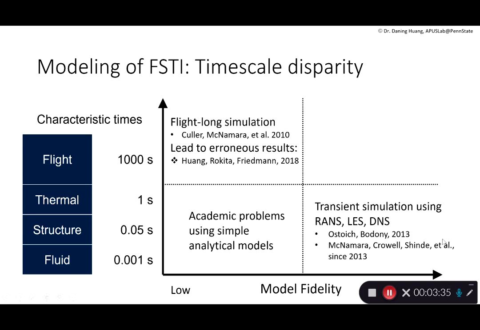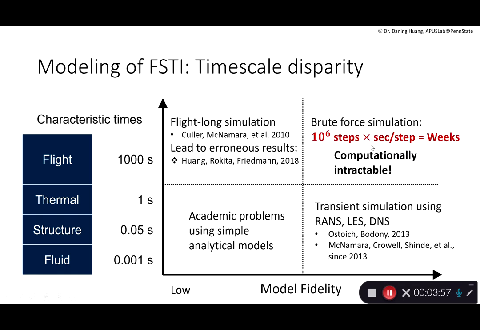This can be done fairly easily. However, what we really need to do is the long-term simulation over high fidelity models. Only that can give us a very accurate prediction of the behavior of the hypersonic vehicle.